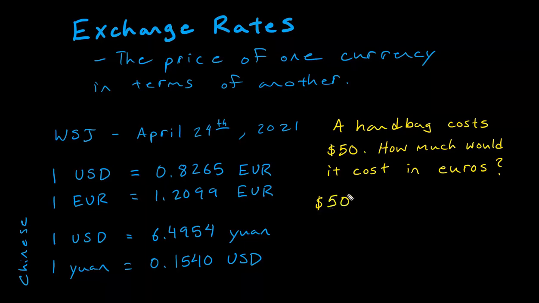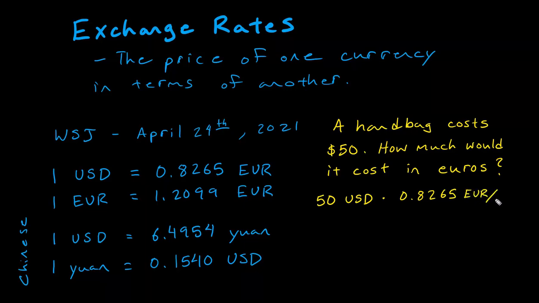So we've got this $50, and we might notate that as 50 US dollars. We want to get rid of the dollars and get it in terms of euros. We know that 1 US dollar is equal to 0.8265 euros.